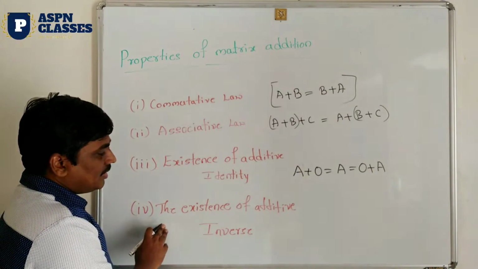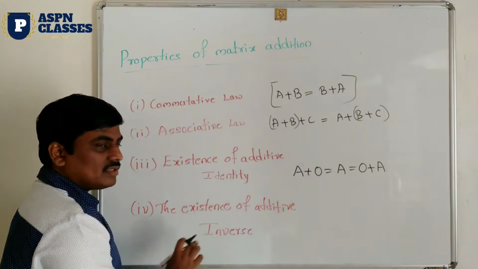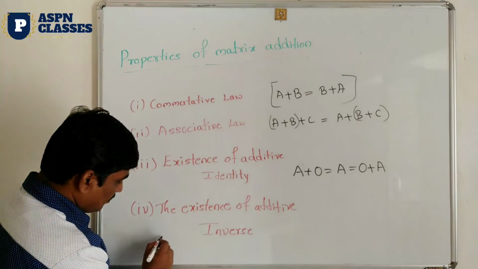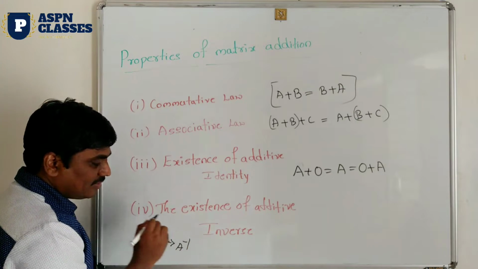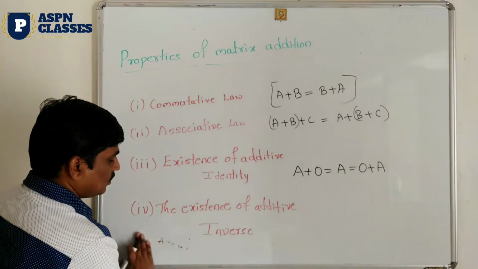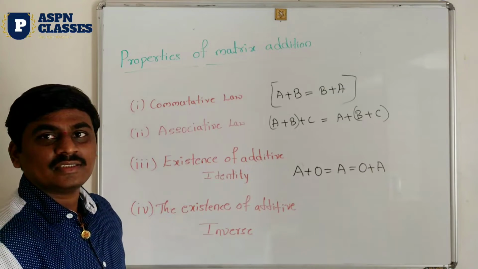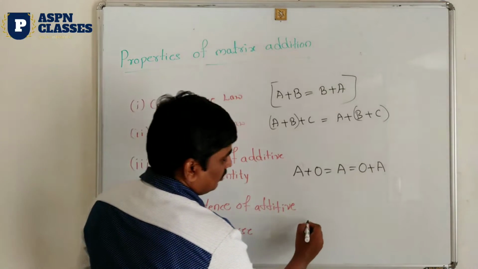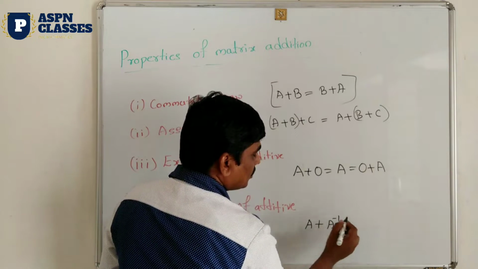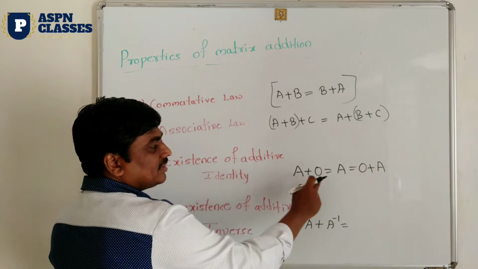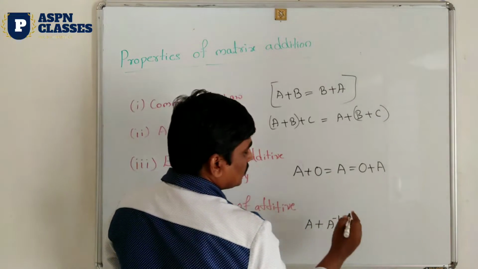And in the same way, existence of the additive inverse. Observe here, A is a matrix. The inverse of this matrix is A inverse. How do we write it? What is the A inverse of that matrix? That is again a formula: A plus A inverse is equal to, here what is the identity? The additive identity, 0, so the 0 matrix.